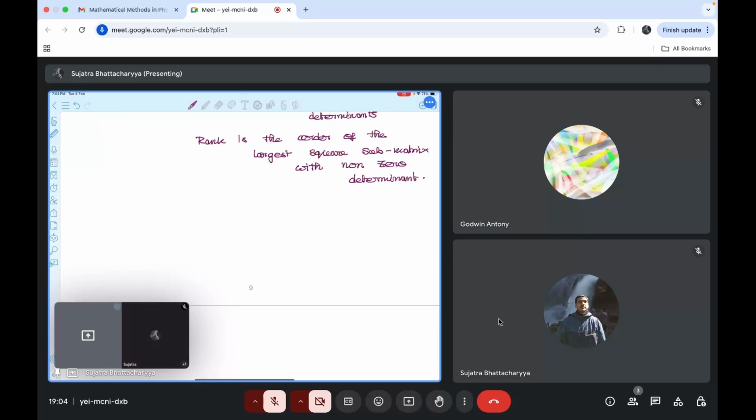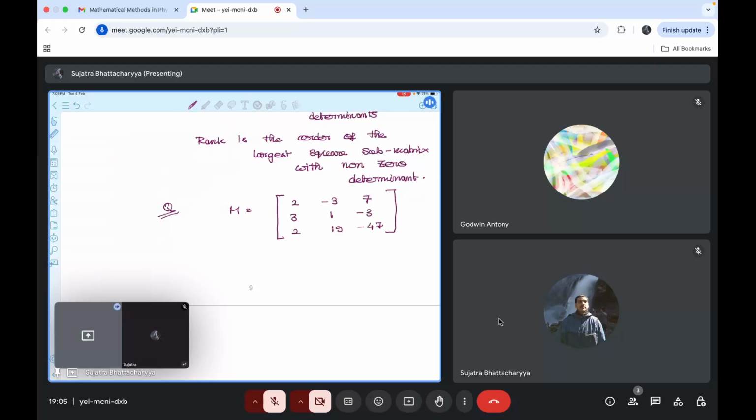Suppose you have a matrix M which is having this: 2, minus 3, 7, 3, 1, minus 3, 2, 19, and minus 47. I need to calculate the rank of this particular matrix. By the way, have I used this earlier?